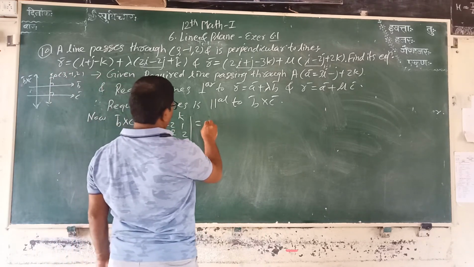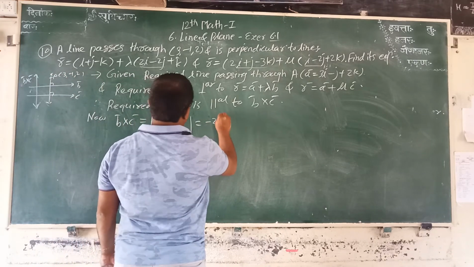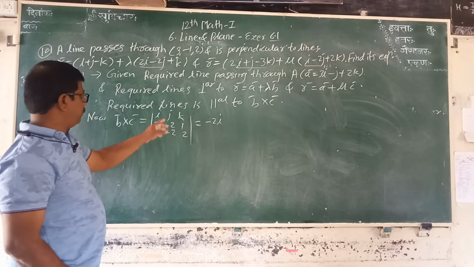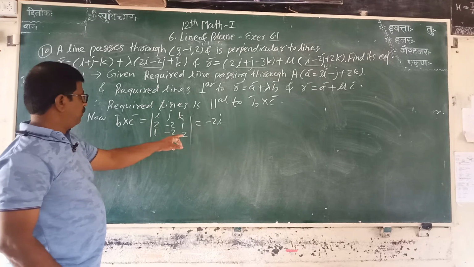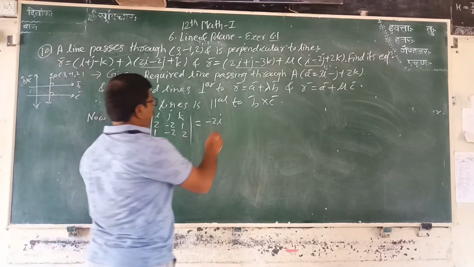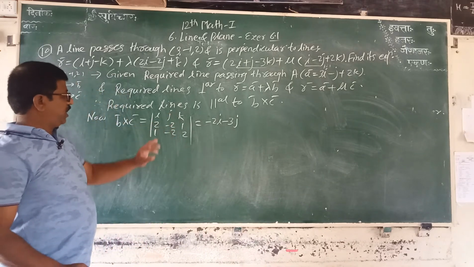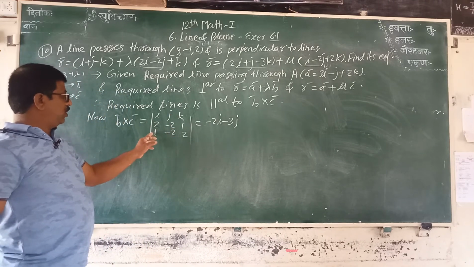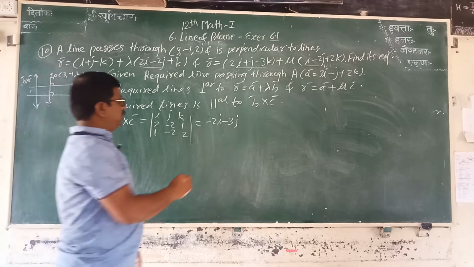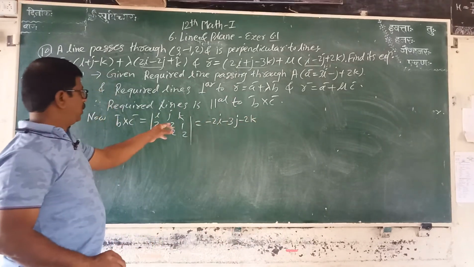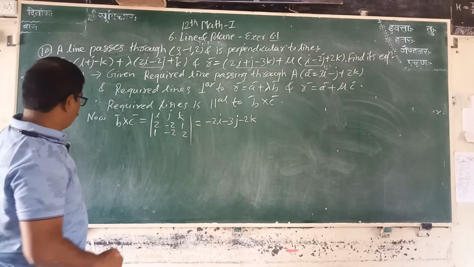Minus 4 plus 2 means minus 2i cap. Then minus j, 4 minus 1, that is minus 3j cap. And plus k, minus 4 plus 2, that is minus 2k cap.